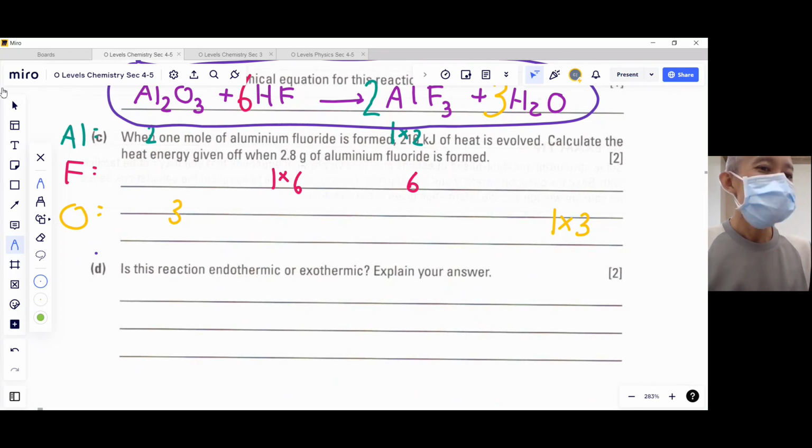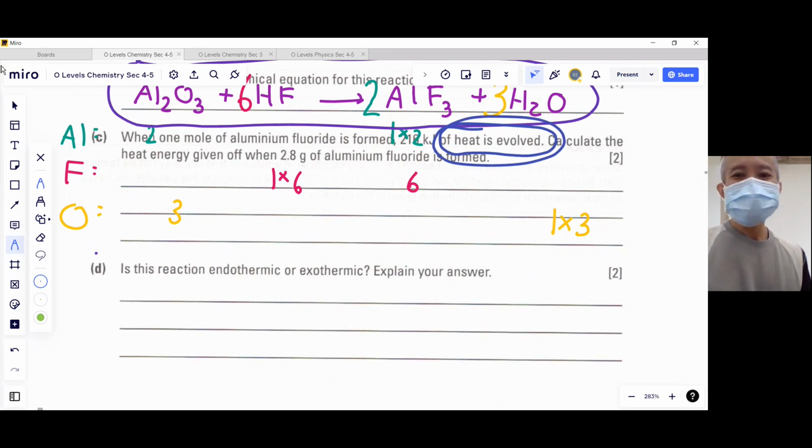Endo. Come, guys, the answer is staring at you right here. Look at this phrase. You didn't see that? It's okay, you just lose 2 marks on it.